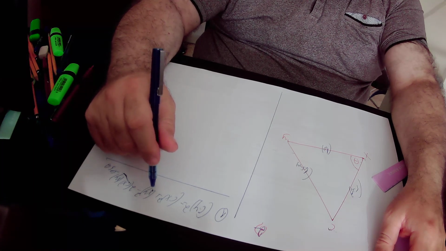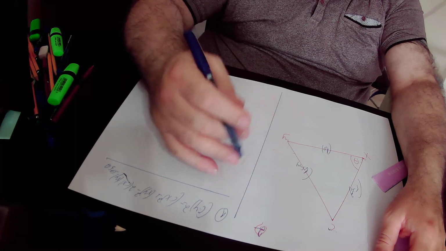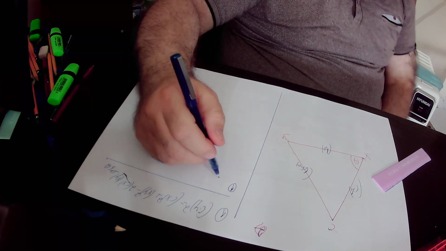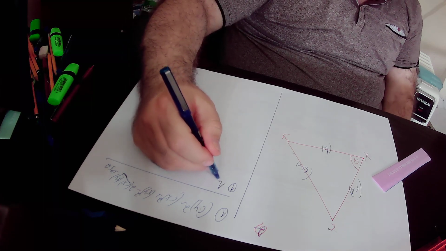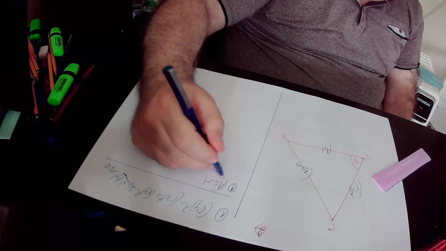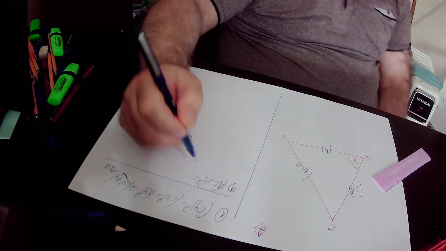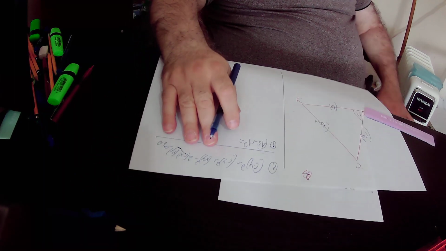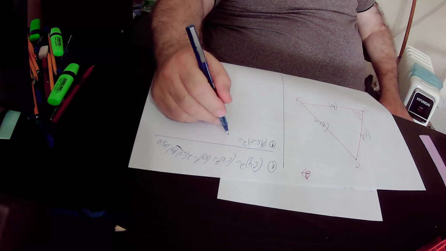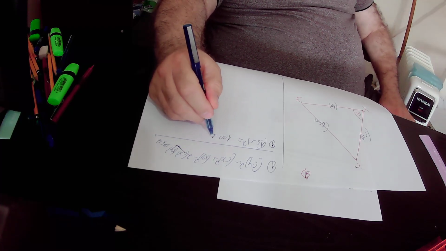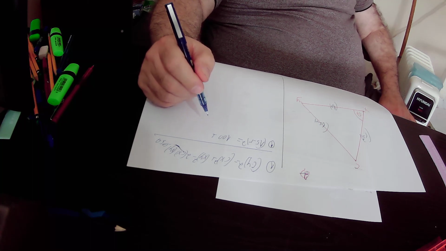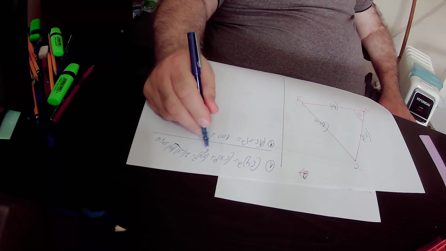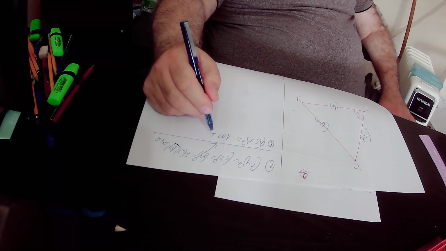We get that according to equation number 1, CY is 15 minus R, so CY squared is 15 minus R squared, and it is equal to XY squared, which is 10 squared, 100, plus CX squared.